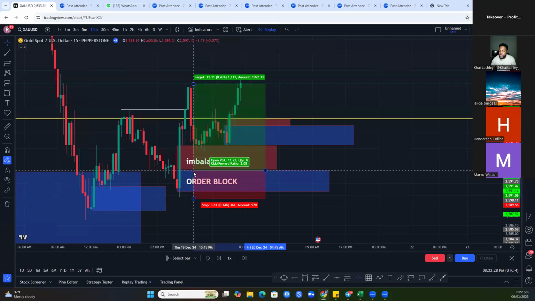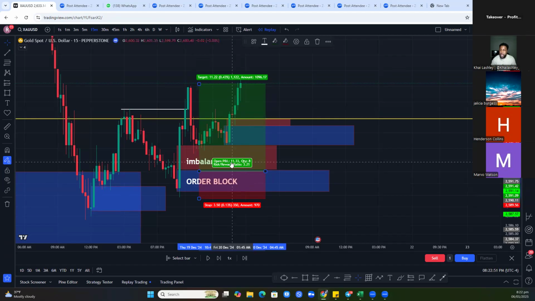If you get price on your order block, and I'm gonna give you some more information as it relates to that, but let's say you get price on the opening of this order block, your risk immediately drops to 35 pips, and that trade increases to a 1-to-3 risk to reward.